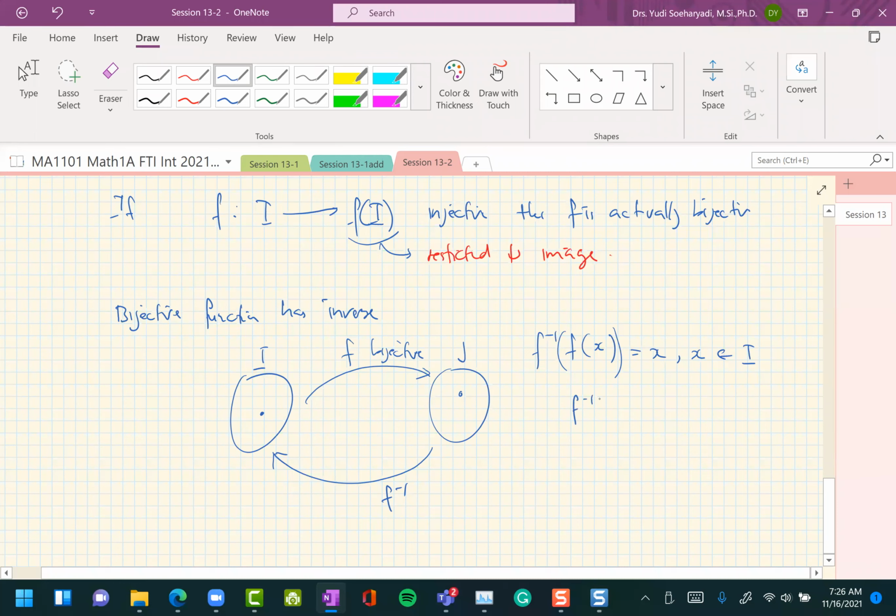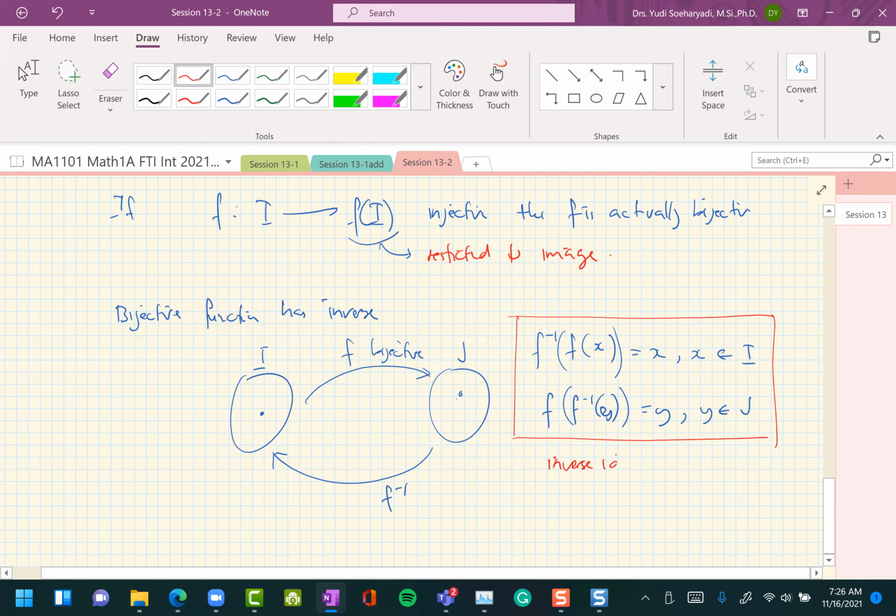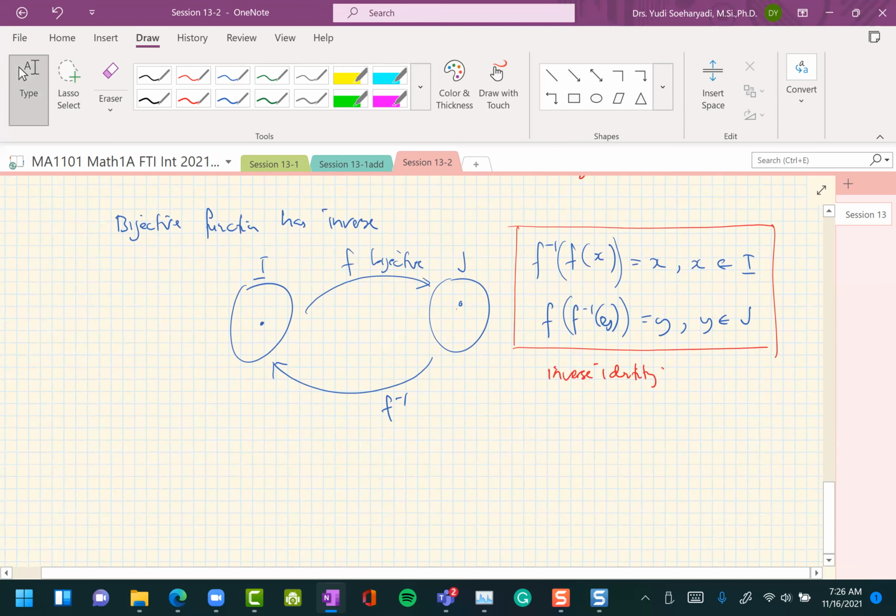On the other hand, if you start with y and use the inverse, you're pulling y to x, and then map it back using f, and then you get y. So that means the composition is the identity. So that's an inverse.